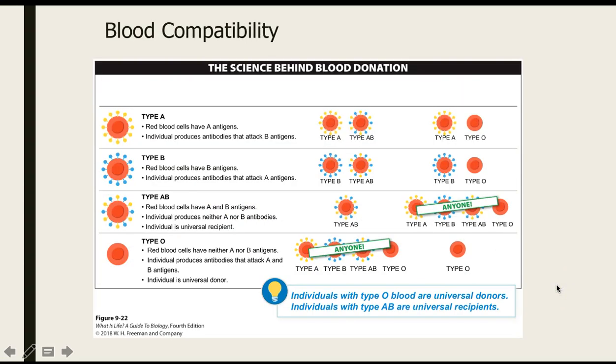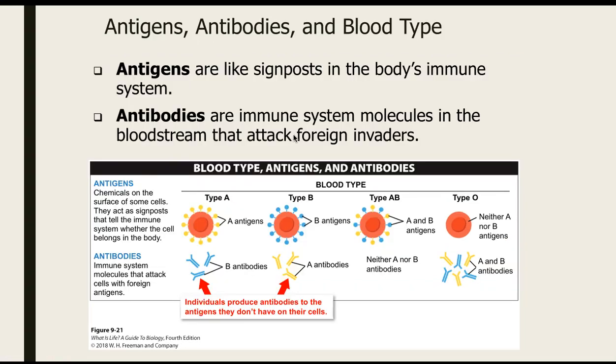Let's take a quick look at this blood compatibility in a chart. This is a nice chart. It's good to think about, but it's also really good to just use the logic that I taught you here.